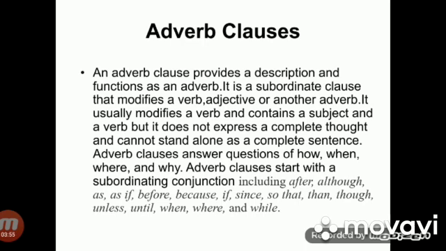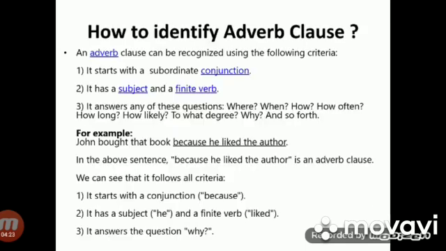Adverb clauses start with a subordinating conjunction, including after, although, as if, before, because, if, since, so that, than, though, unless, until, when, where, and why. How to identify an adverb clause?